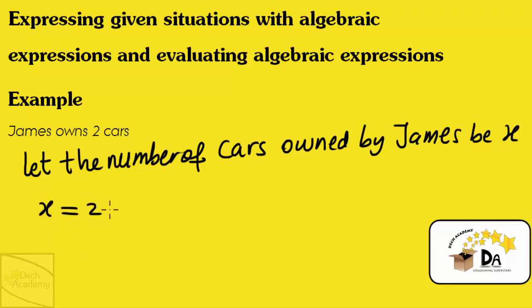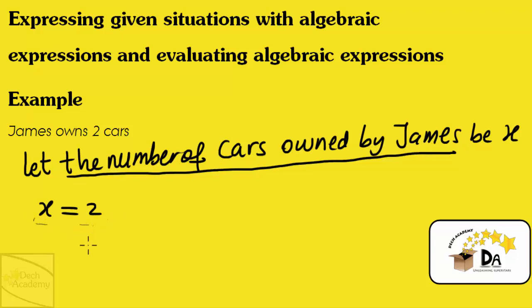And this conveys the same meaning as this sentence. James owns 2 cars. If I say x is equal to 2, that means the number of cars owned by James is equal to 2, because that's what x means. X means the number of cars owned by James. So what this equation is saying is the number of cars owned by James is equal to 2.